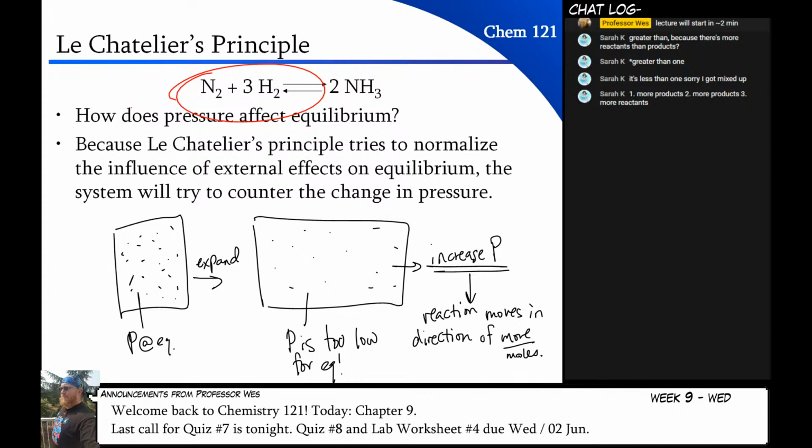So what this means is that we can manipulate equilibrium. If I want to force more oxygen into your lungs, I'll just increase the pressure, because then in order to reduce the pressure back to equilibrium, I have to remove that oxygen from your lungs.